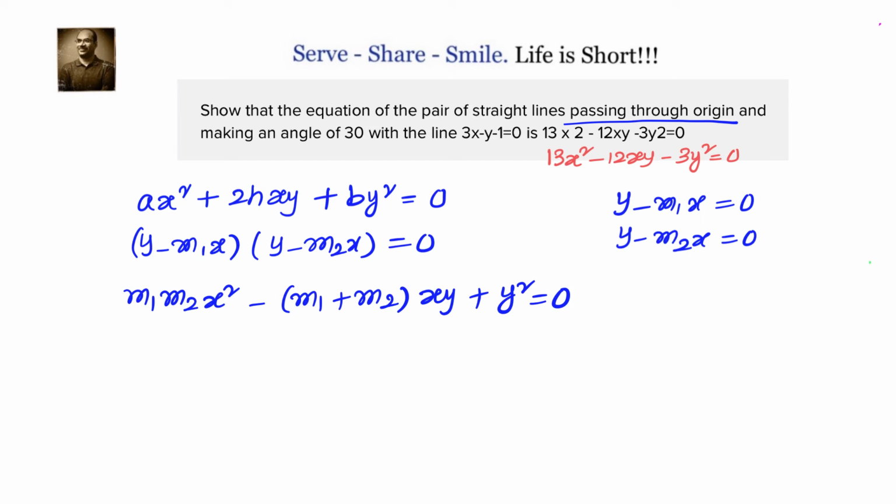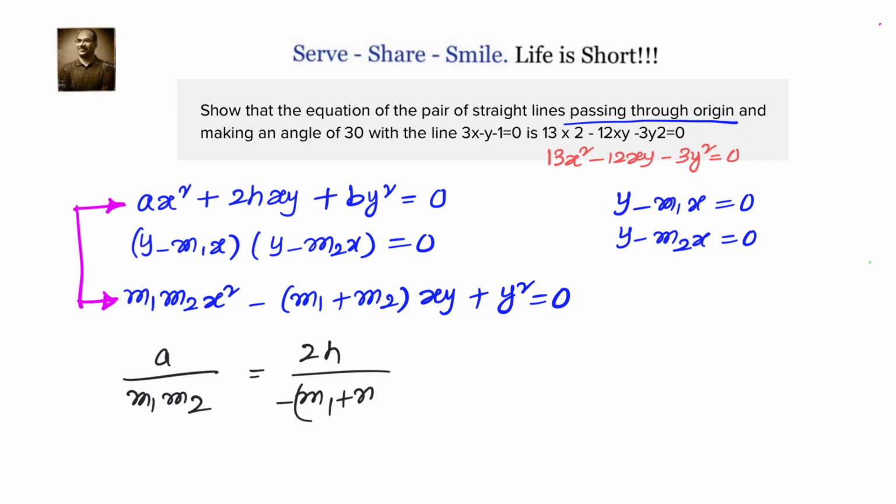Now the first equation and the third, both of them should represent the same equation, so we can compare the coefficients. The ratios should be equal: a by m1 m2 equals 2h by minus of m1 plus m2, and that equals b divided by 1.